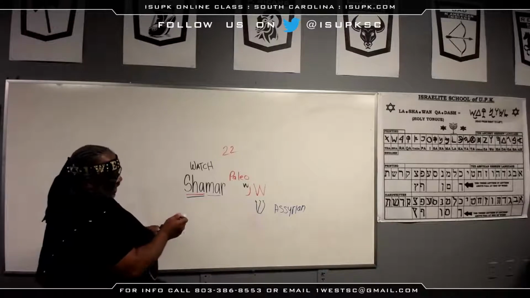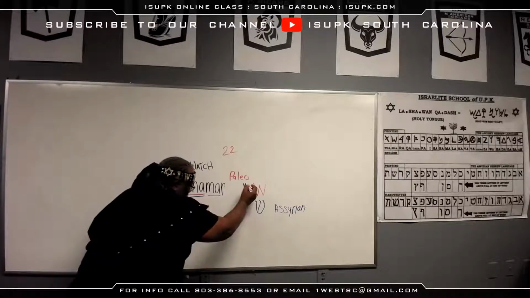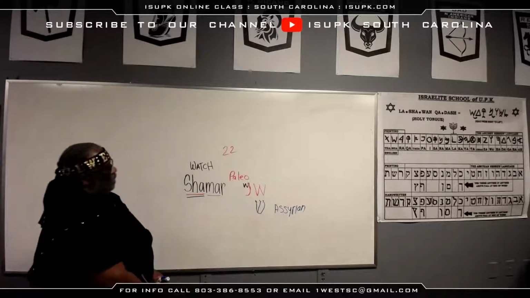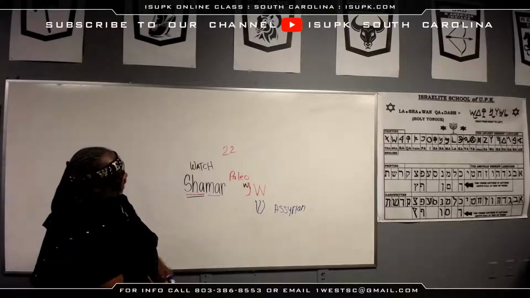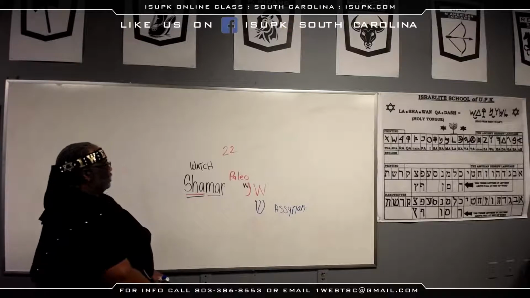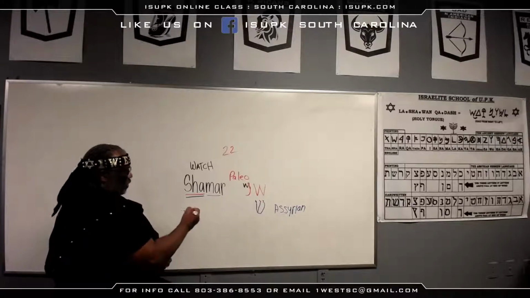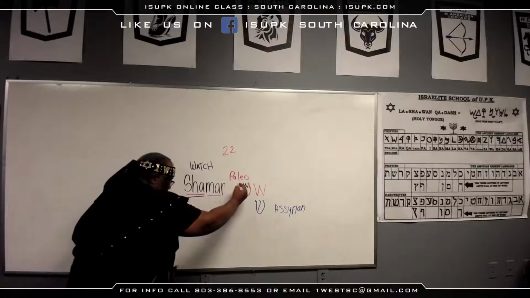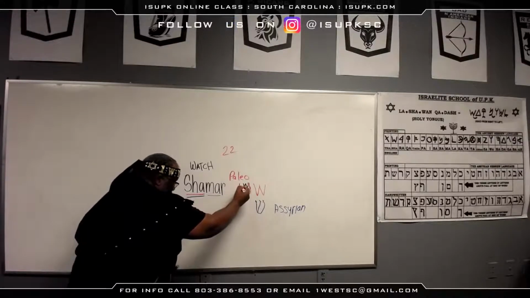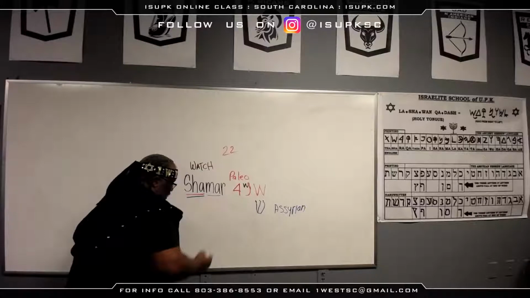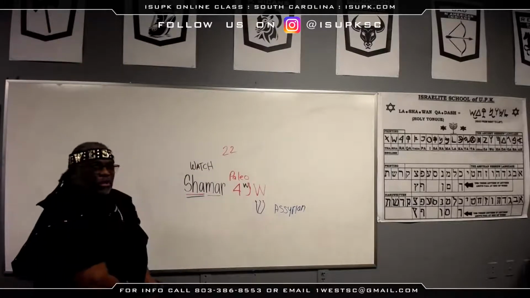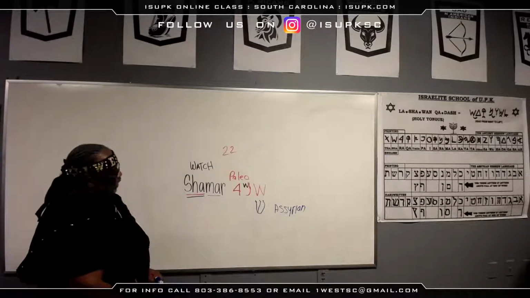It's an upside down M. But you got to join it with this hook, because that's the rest of it. That's what it looks like. Sha, then you got to write the R. The R over here. Well, what does it look like? Looks like this. Looks like that. Shamar. Okay?